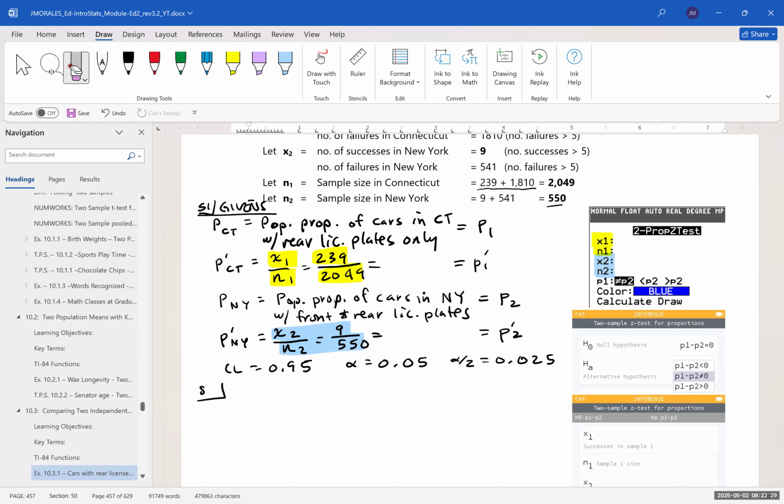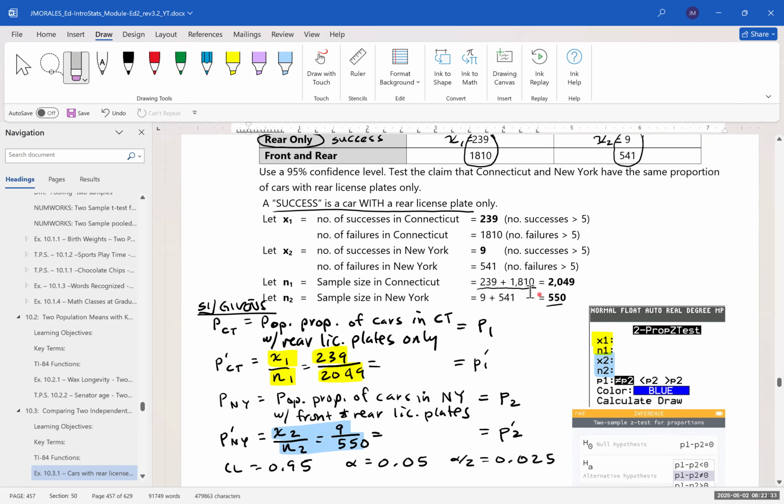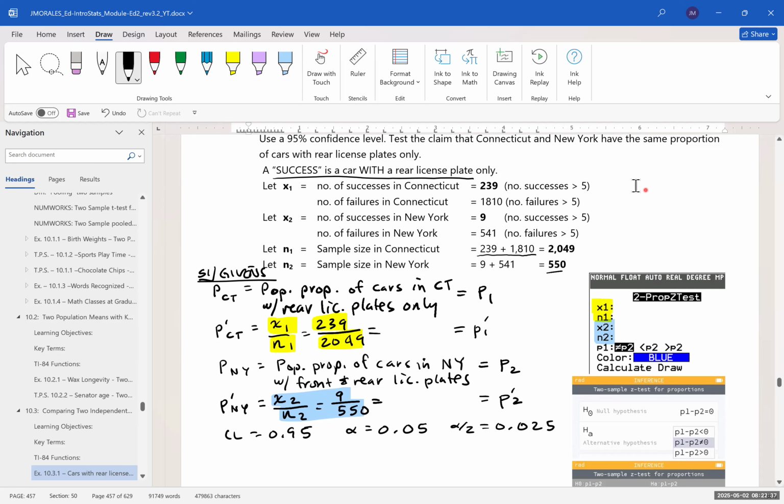Actually, before we move into step 2, we have to write down our claim. So let's do that. It says, test the claim that Connecticut and New York have the same proportion of cars with rear license plates only.